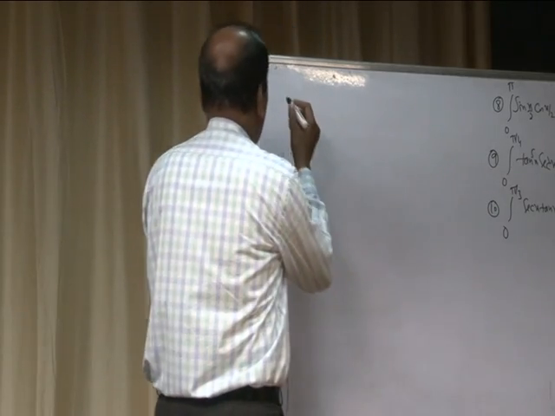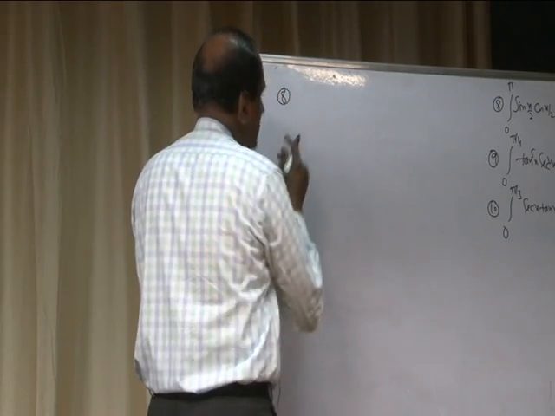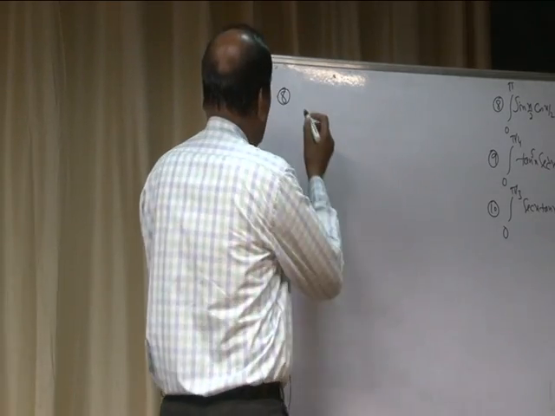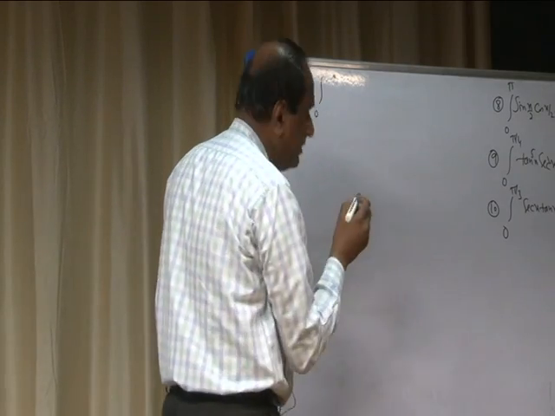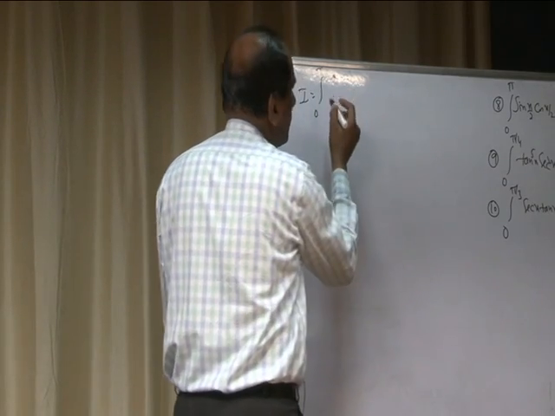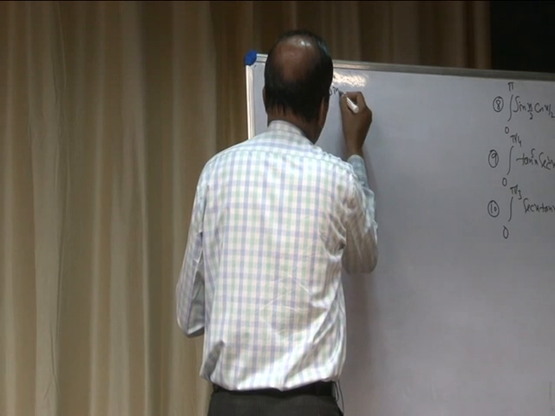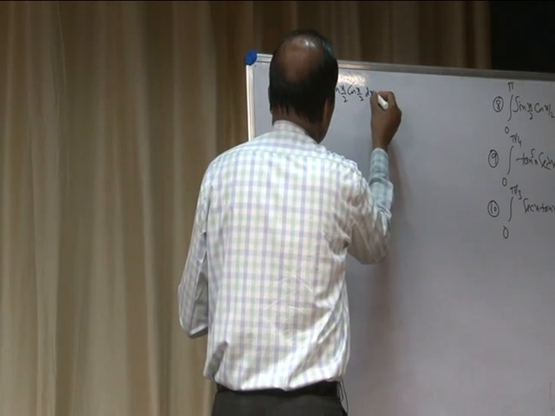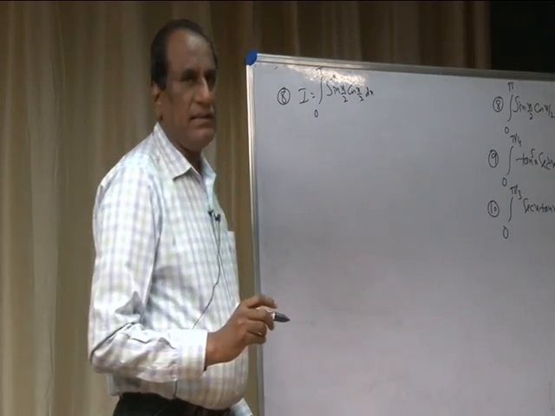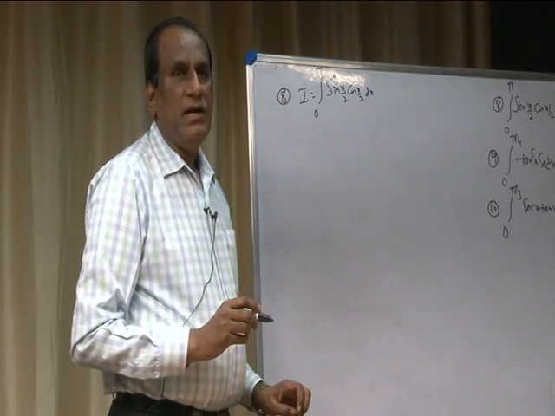So, 8th problem. Now, I is equal to integration from 0 to pi of sin of x by 2 cos of x by 2 dx. All half angles are there, x by 2 and x by 2.